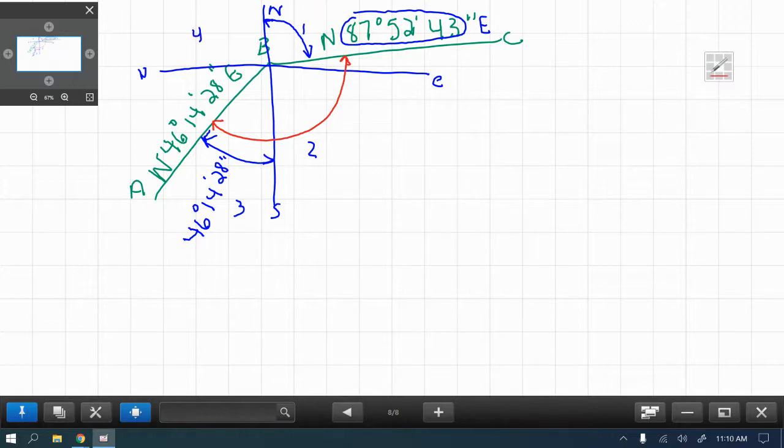So there's a couple of ways you could do that. Could you figure out what this is? And then you know this is a 90. And then this is given. So you could add this, the 90, and this little bit.